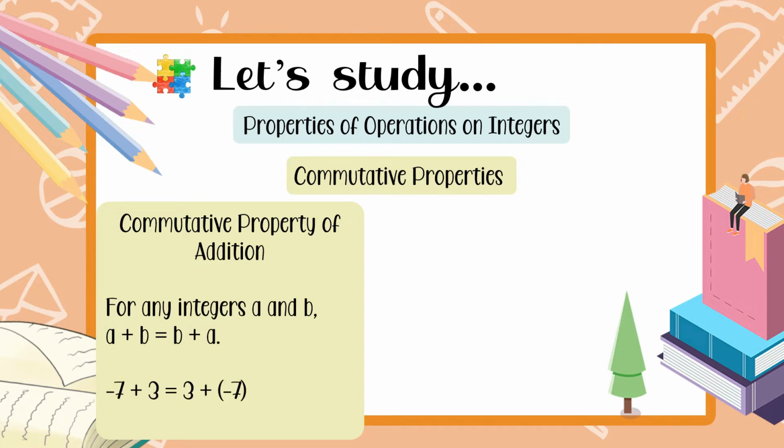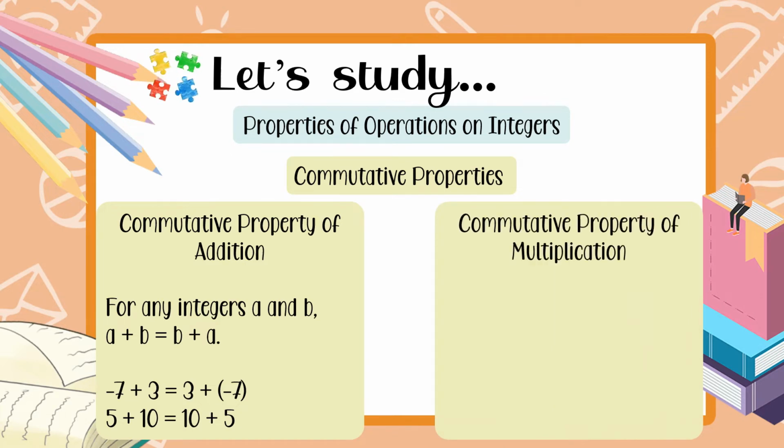So, example, negative 7 plus 3 is equal to 3 plus negative 7. Another one, 5 plus 10 is also equal to 10 plus 5. Ibig sabihin, kahit pagbaliktarin mo ang order ng mga pinag-a-add nating numbers, it doesn't change the answer or it doesn't change the sum. Pareho lang.